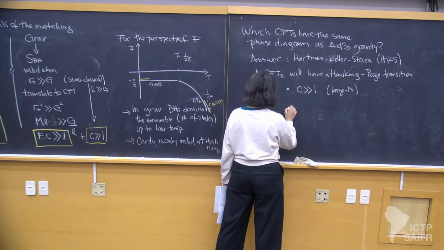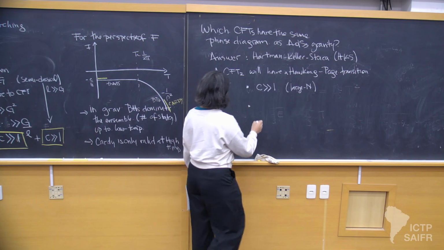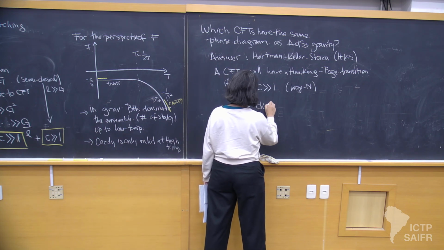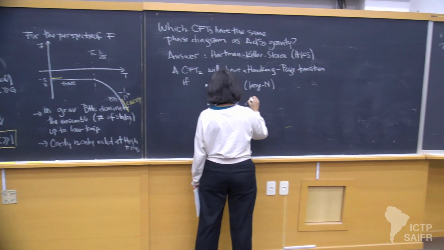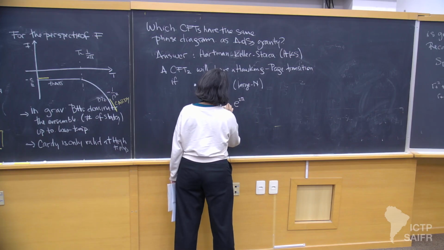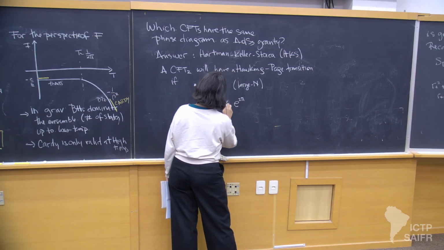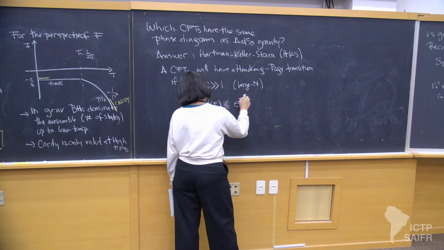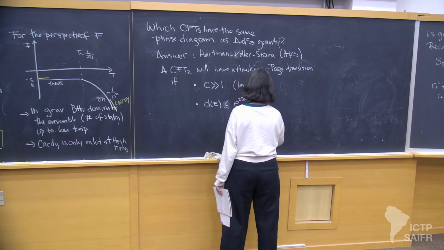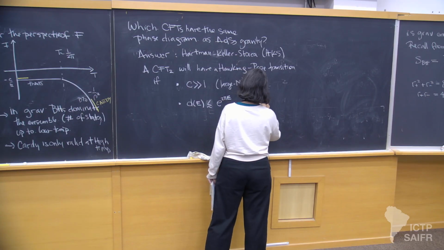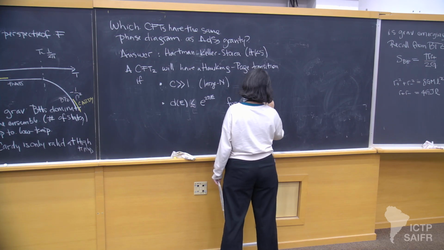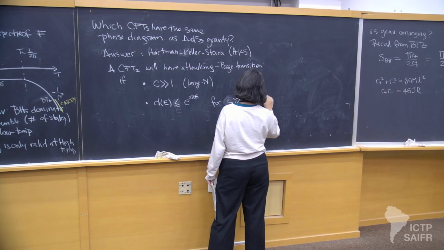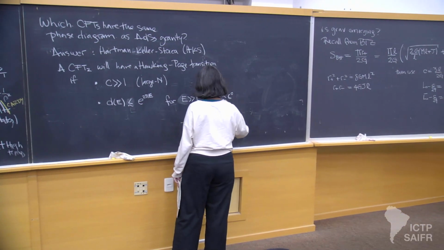This is needed, and they also put a condition that the density of states had to be less than the exponential of the energy for energies that are big, but basically do not scale with the central charge.